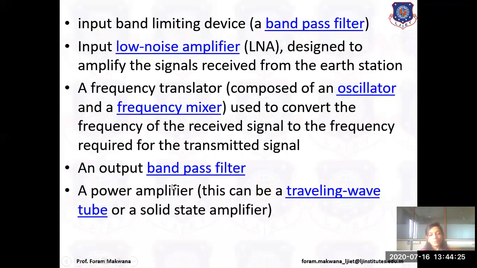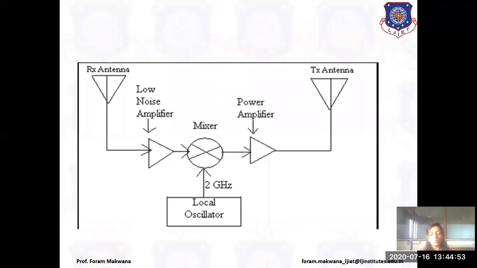And at the output, again a band pass filter is used because a receiver is only going to receive the signal of a specific band or a specific frequency, right? And the power amplifier is going to amplify the signal, but that signal has a higher frequency range in terms of gigahertz, because you can see from over here that our LO is 2 gigahertz.